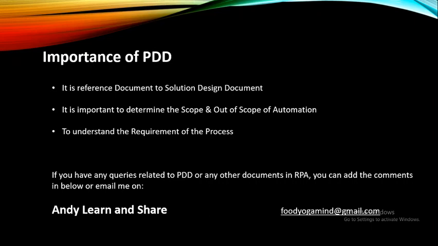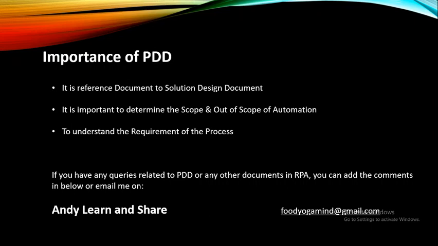And the third and last one is to understand the requirement of the process. This PDD clearly tells from which steps of the process, and to which steps of the process, are in scope of automation. So it is very important for us to get a clear understanding of the process and get a sign off from the business.